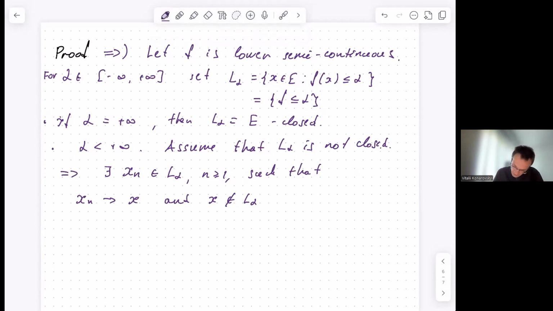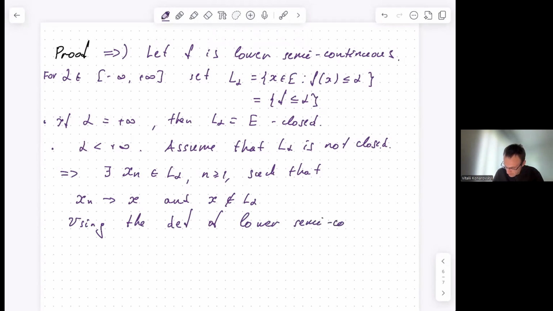And now using the definition of lower semi-continuity, we get that f of x is less or equal than the lower limit, n goes to infinity, of f of xn.